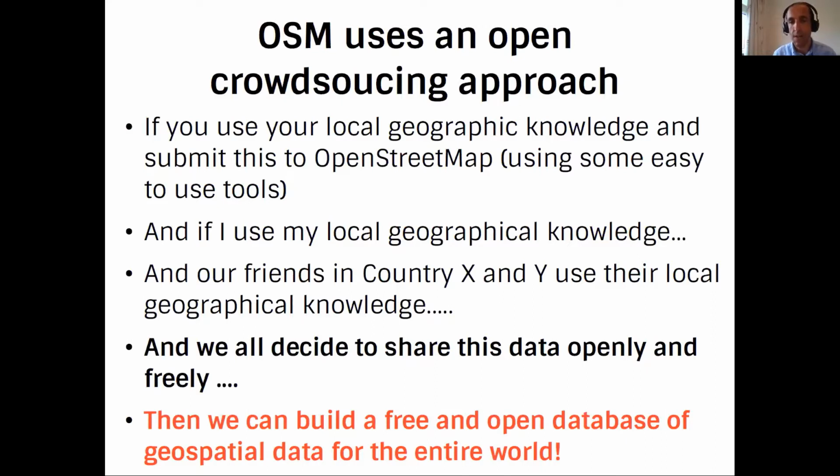The whole inspiration behind Openstreetmap back in 2004 was this idea that if I contribute knowledge about my area, you contribute knowledge about your area, and we combine them together, suddenly we have a large collection of geographic information which is backed up by local geographical knowledge. So the very same concept as Wikipedia, where I would contribute to Wikipedia pages maybe on computing, someone else would contribute to Wikipedia pages on fashion or music or current affairs. And the idea is that those pages are curated and contributed by people who have knowledge in those domains.